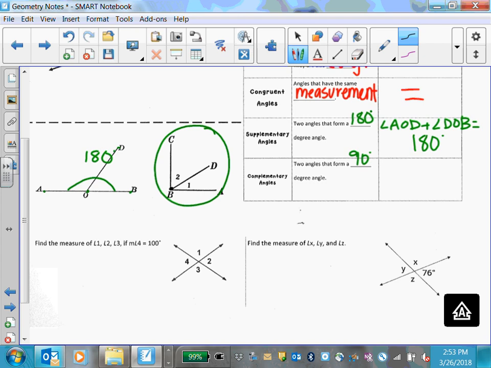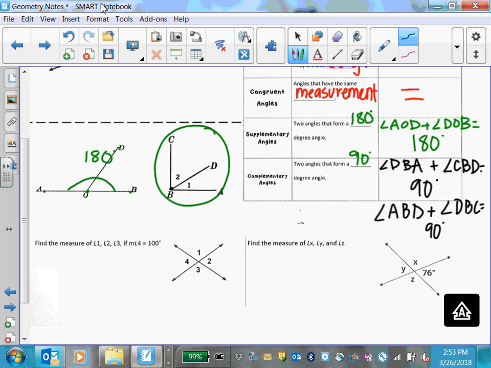You could have had angle DBA plus angle CBD equals 90, or angle ABD plus angle DBC equals 90. There are multiple ways, but make sure B is your vertex.